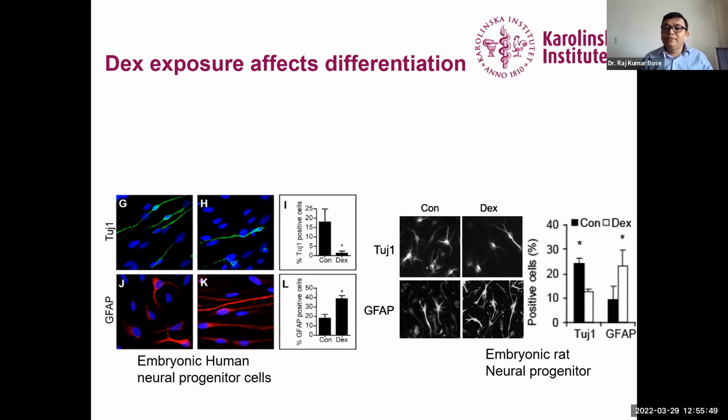That means that we wanted to see whether DEX itself can change the neurogenesis or glial differentiation or not. If it is changed, whether it is increasing or decreasing, that we have studied. So we found that it affects fate changing. Neurogenesis is decreased, but astrocytes are increased. That is not good for brain development. That I want to show in this paper.